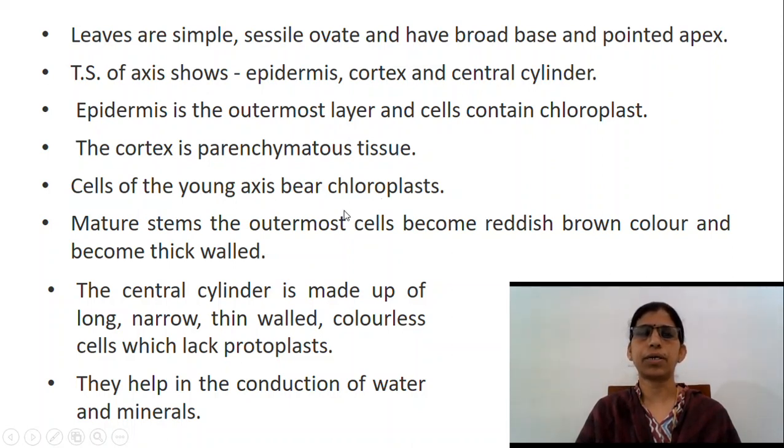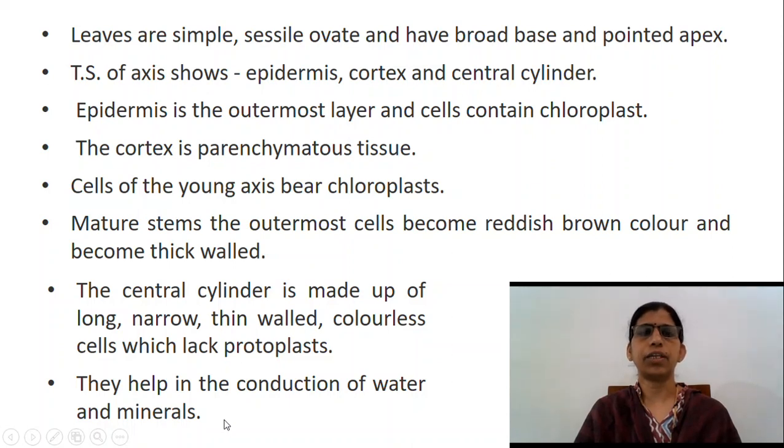In mature stem, the outermost cells become reddish brown color and become thick-walled. Small leaf traces are also noticed. The central cylinder is made up of long, narrow, thin-walled, colorless cells which lack protoplasts. They help in the conduction of water and minerals.